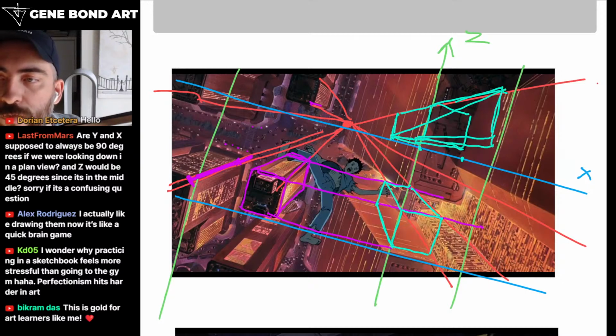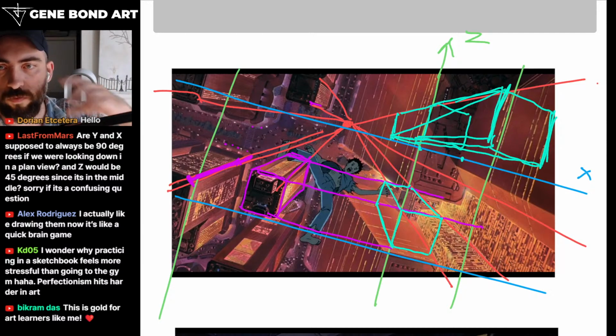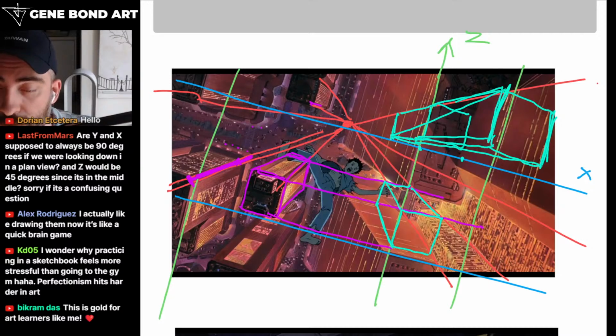Let's see. Okay, so this is how it works in this kind of camera angle. It's just a demonstration for you, right?